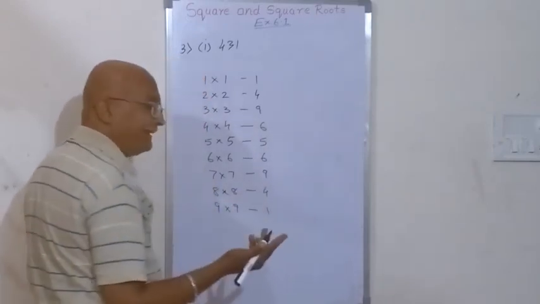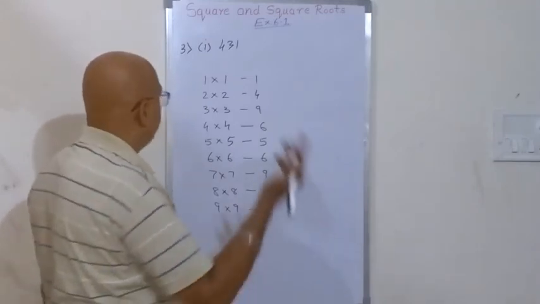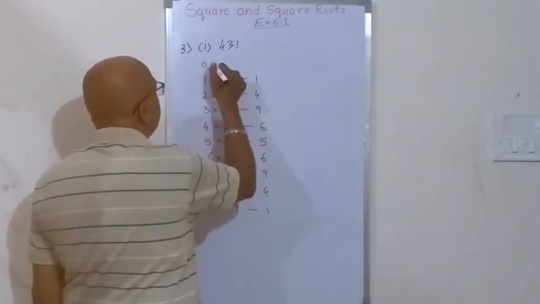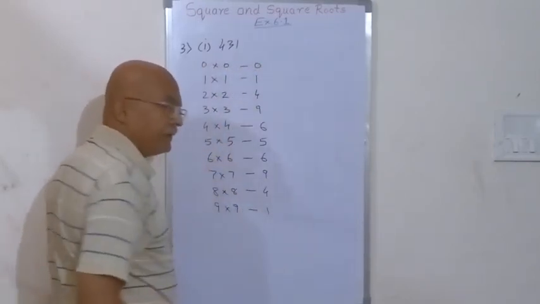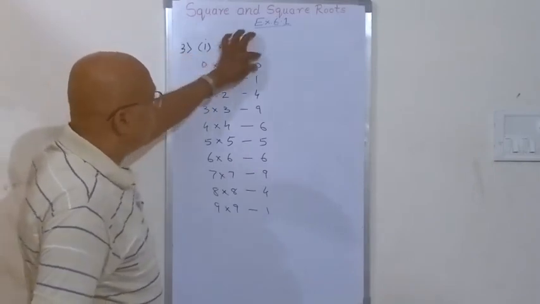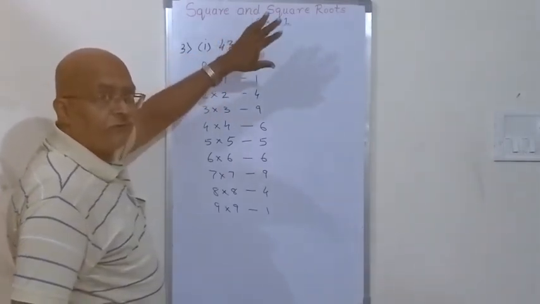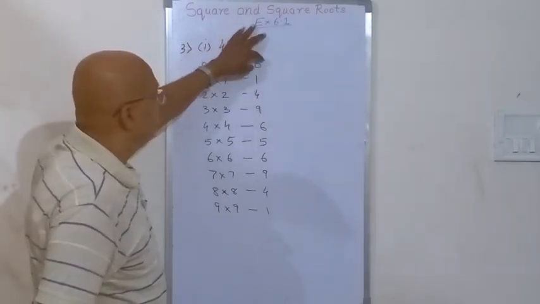And 10 cannot be taken, but we'll consider 0 also here. 0 into 0 is 0. Now you can see here, when the unit place is 0, the square of that number will have the unit place 0 only.